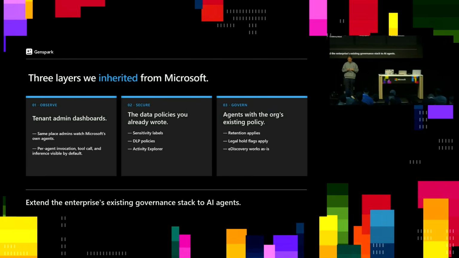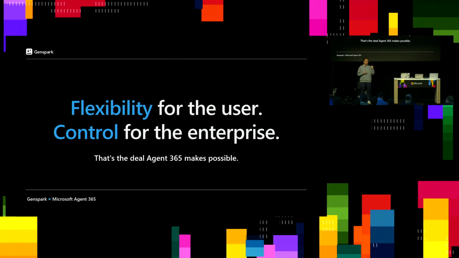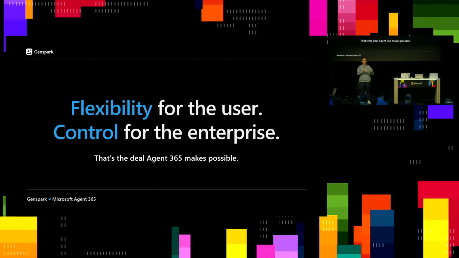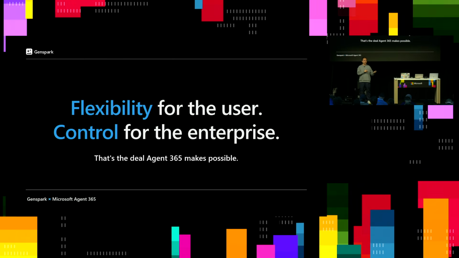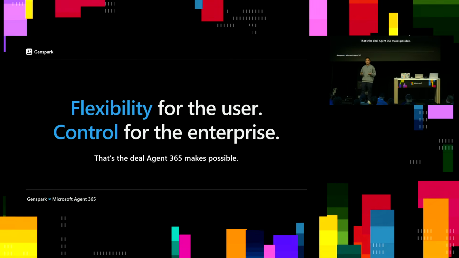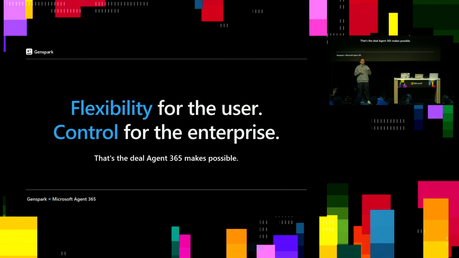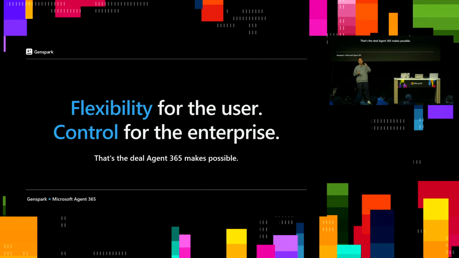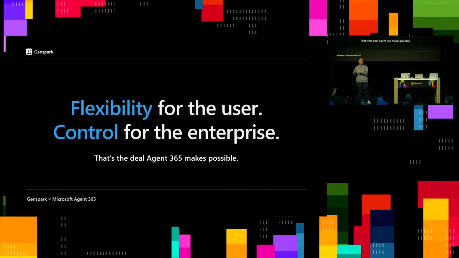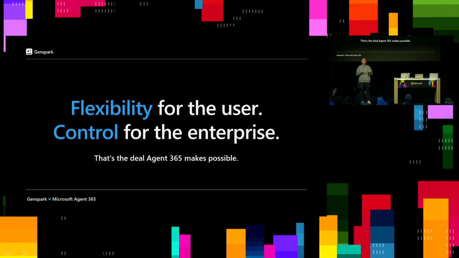Combining all those things, Agent 365 actually provides flexibility for the users, so that the users can choose different kinds of agent backends, for example, chat-based or dedicated VMs. And the IT manager inside the enterprise still has control, because all the activities and all the agent logs are built on top of Microsoft-provided APIs.